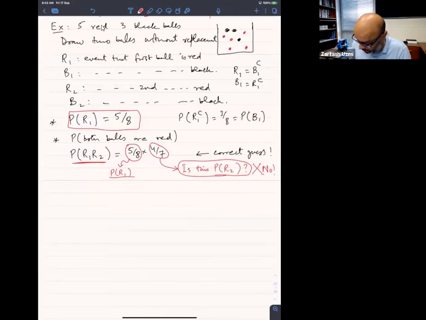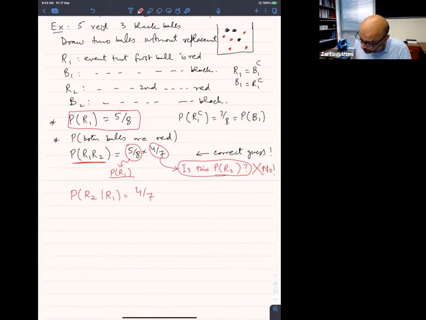This is the probability that the second ball is red given that the first ball is red. The notation for saying that is the probability of R2 given R1 is equal to this 4/7 number.